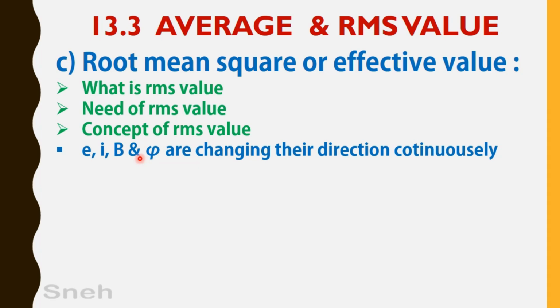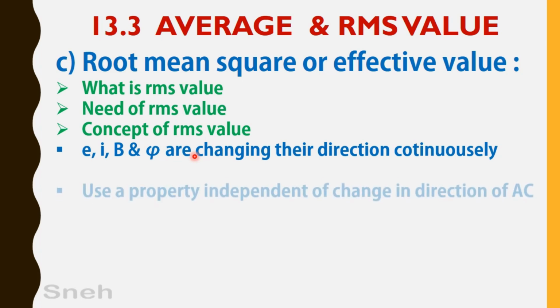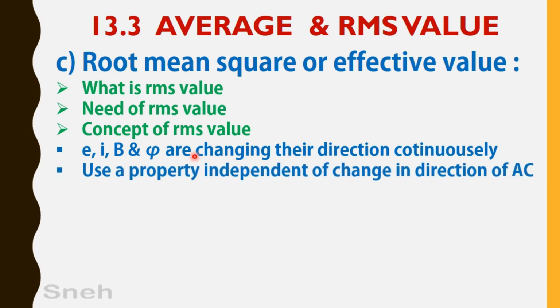Now, if this is the situation, are we not able to measure EMF and alternating current? Is it not possible to measure it? No, that is not the case. Then we have to think about using a property which is independent of the change of direction of AC.